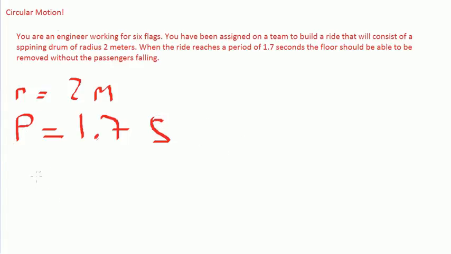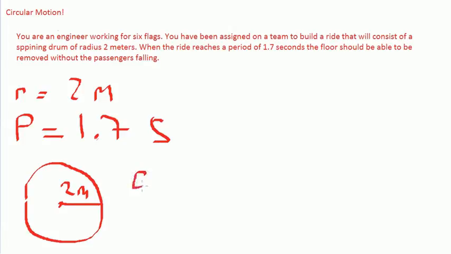We can draw a picture of this. So we have our wonderful circle here. Let me see if I can make a better one. There we go, that's probably the closest we're going to get to an actual circle. Then we have our radius of 2 meters. With this information, we can calculate the circumference. The circumference, as we mentioned before, is going to equal 2 pi r.